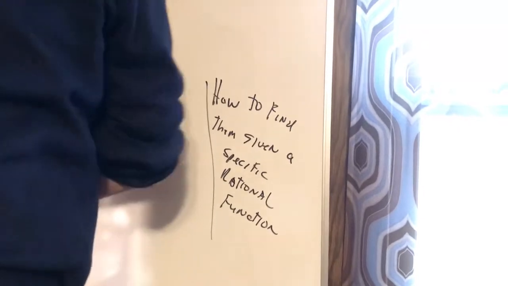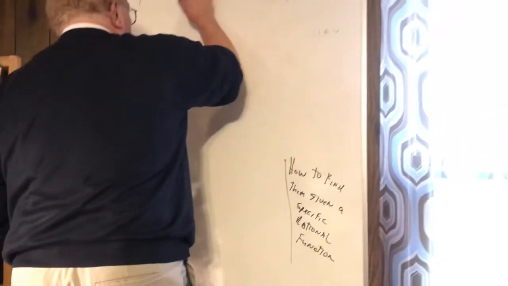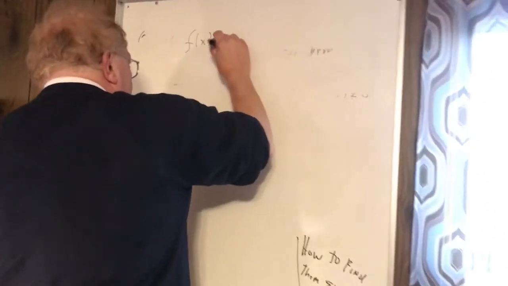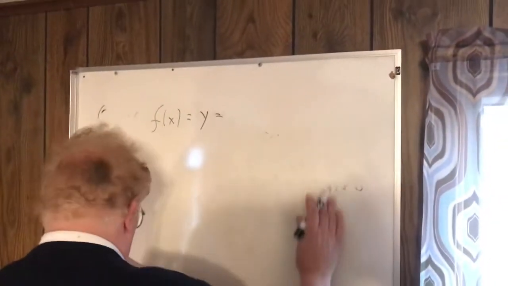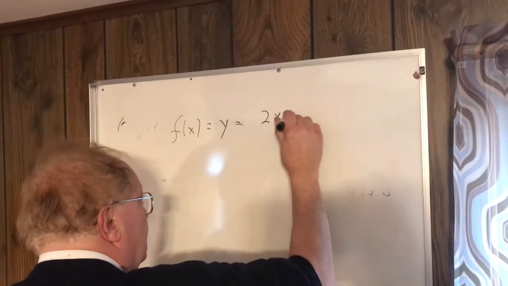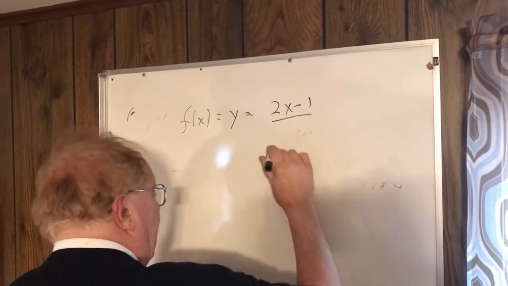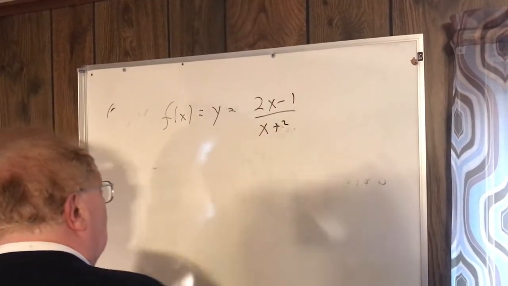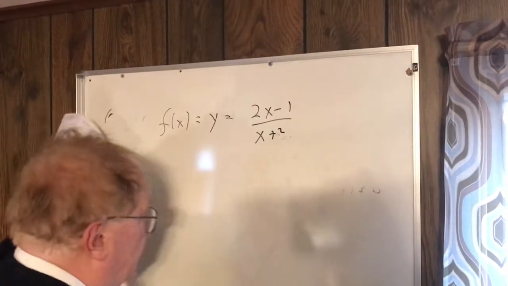So let's take our example f of x, and if you like, we can call it y. It's going to be (2x minus 1) over (x plus 2). Okay, let's find the vertical asymptote.